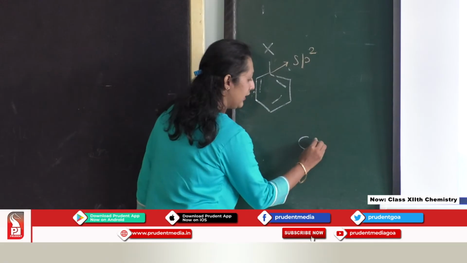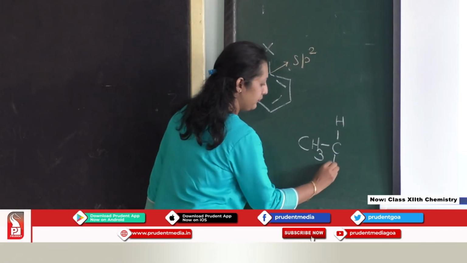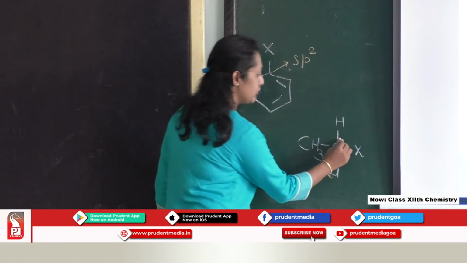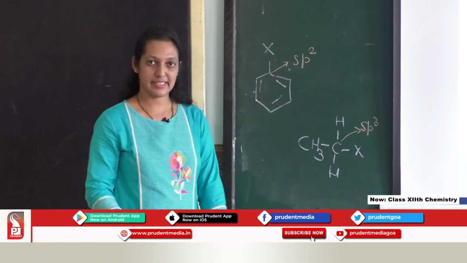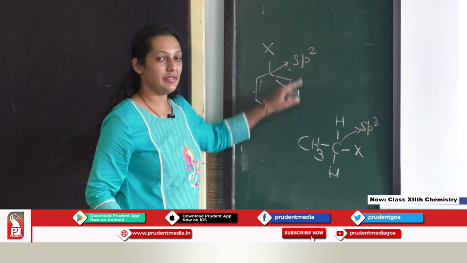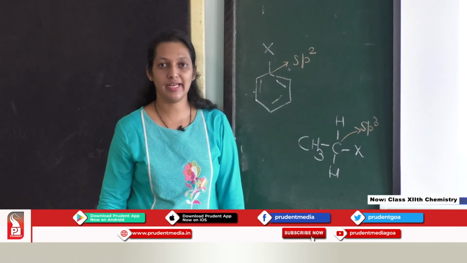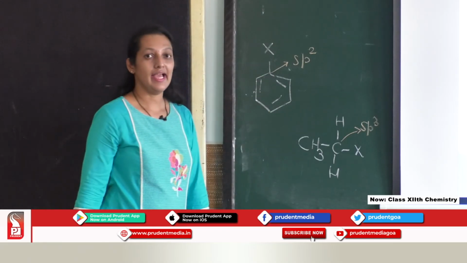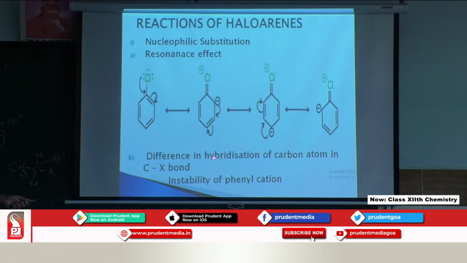And if you take a haloalkane, the halogen atom is attached to an sp3 hybridized carbon atom. sp2 hybridized carbon has more s character and is more electronegative, therefore, the bond length gets shortened in this case and the cleavage becomes difficult. This is the second reason why the aryl halides are less reactive.